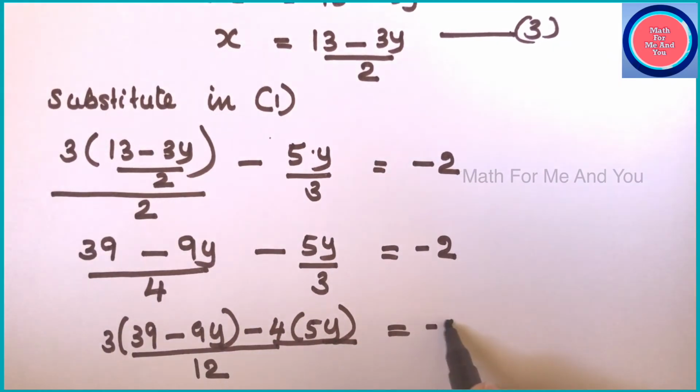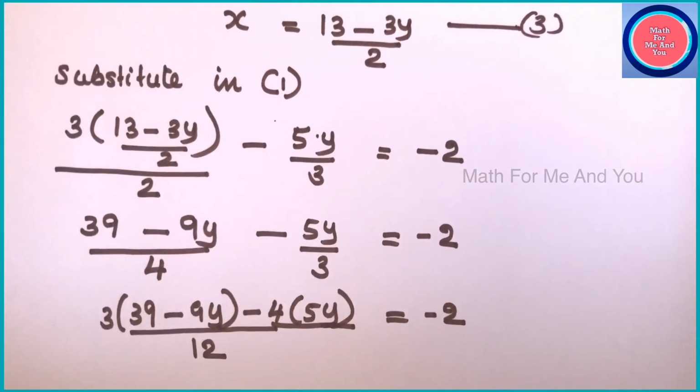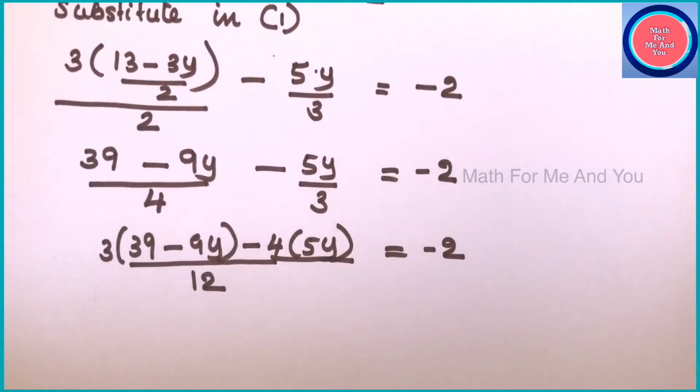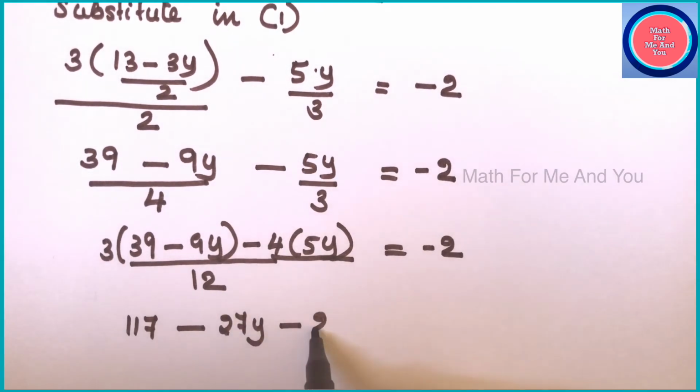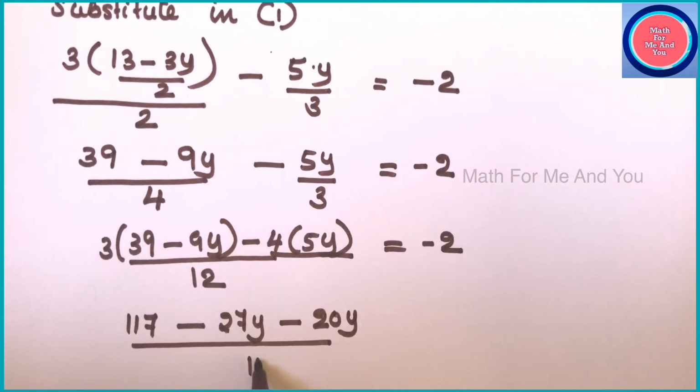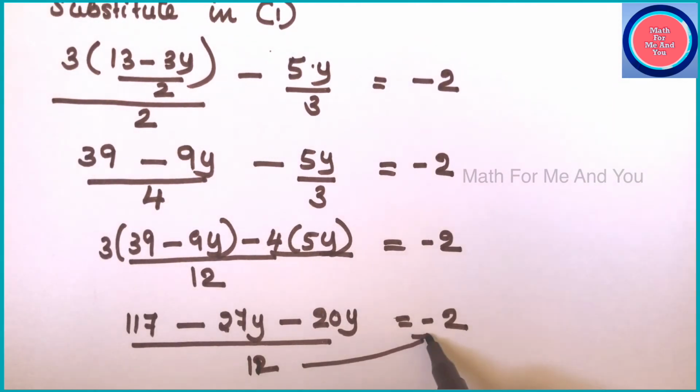We can move that 12, the denominator, to the right side, where it goes as times minus 2. At the same time, open the bracket. 3 times 39 is 117. 3 times minus 9y is minus 27y. Minus 4 times 5y is minus 20y. And the denominator 12 we shift to the right side. 12 times minus 2 is minus 24.